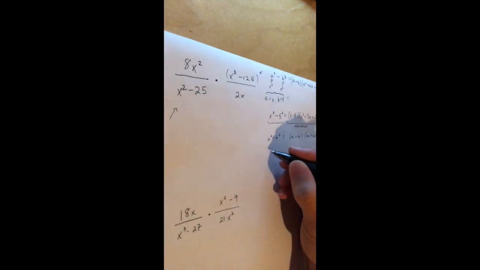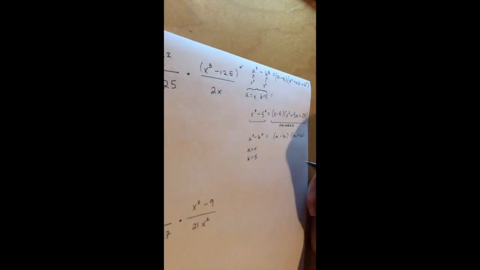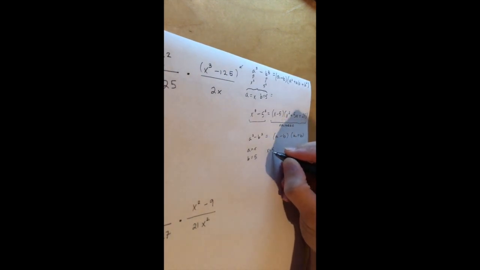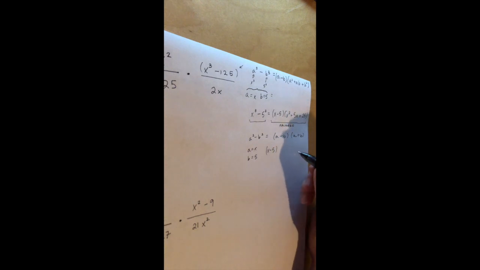So we can make a equal to x, and we can make b correspond to 5. That means the factored version of x squared minus 25 is going to be a minus b, which is x minus 5, times a plus b, which is x plus 5.